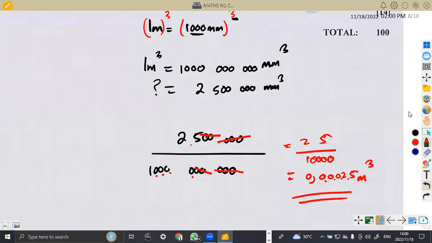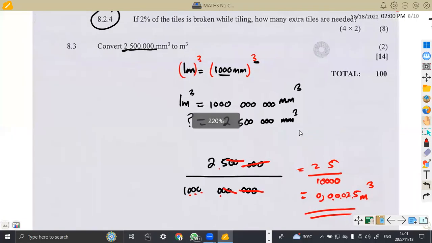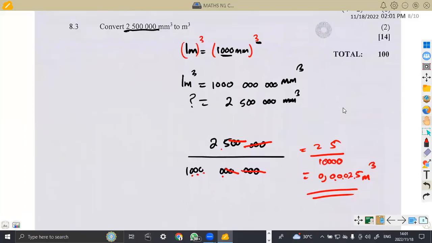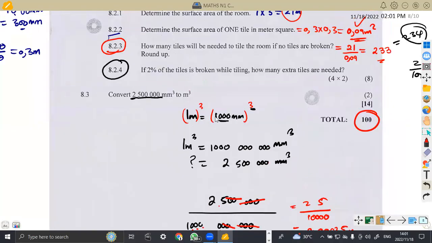Take note, the question was for us to write this in cubic meters, and that is what you're going to have in cubic meters. So that was it, guys, for you to have a total mark of 100 in this question paper. As we can see, it's something that we can actually collect all these marks if possible.